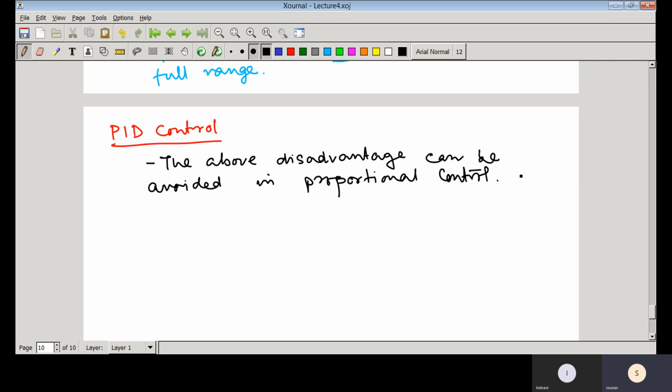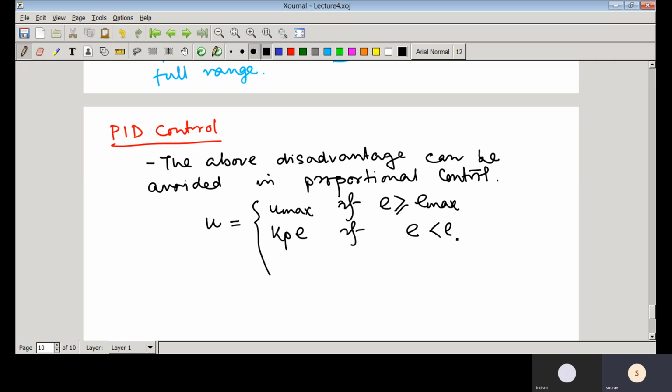So let us first write the control algorithm for proportional control. It is very simple: U equals U max if E is greater than or equal to E max, and U equals Kp times E if the error is less than E max and greater than E min, and it is equal to U min if the error is less than E min.